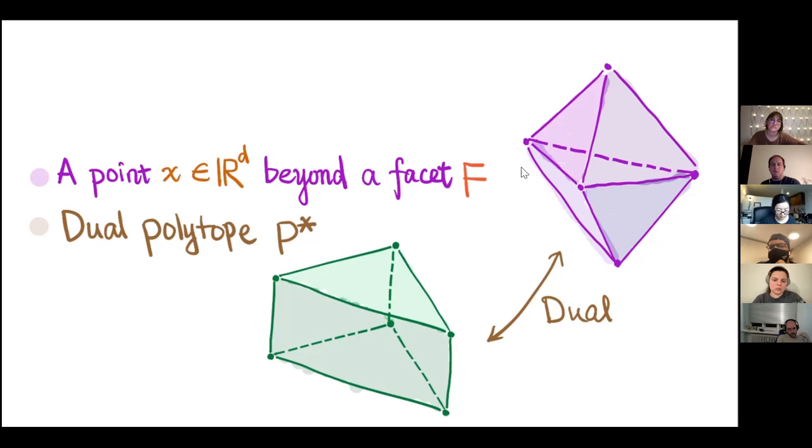In particular, in this example, this facet of the green polytope corresponds to a vertex. Somehow you're not seeing my marks. Hopefully it will show up in a few seconds. Oops, that's because I'm not connecting.